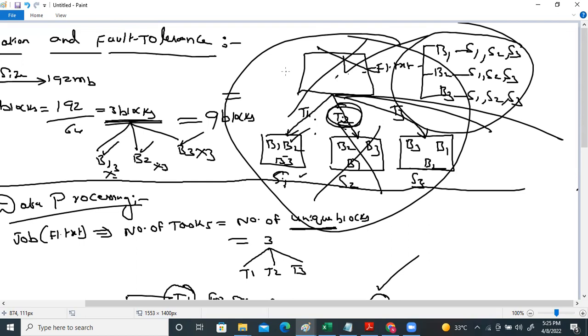Even between the master and slaves, how does a master node come to know that slave 2 is down? Then only it can assign the T2 task to any other slave, right? For master and slave also, there will be heartbeat signals between them.